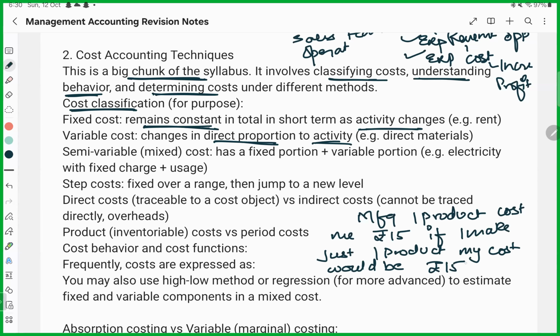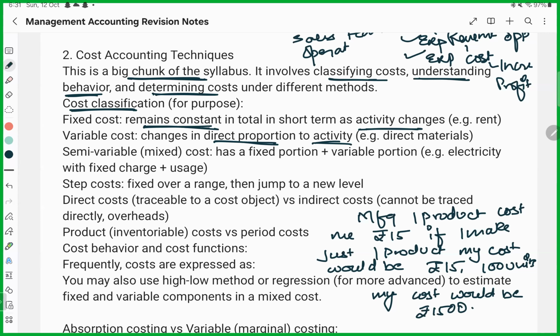rupees 15. Say if I make 100 units, my cost would be rupees 1500.